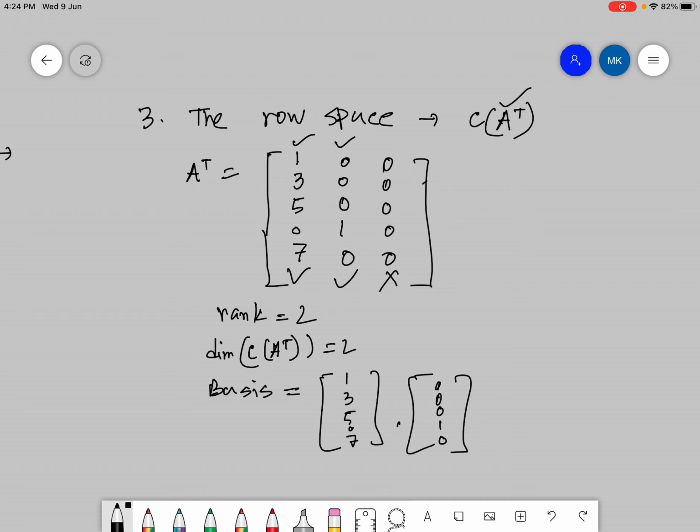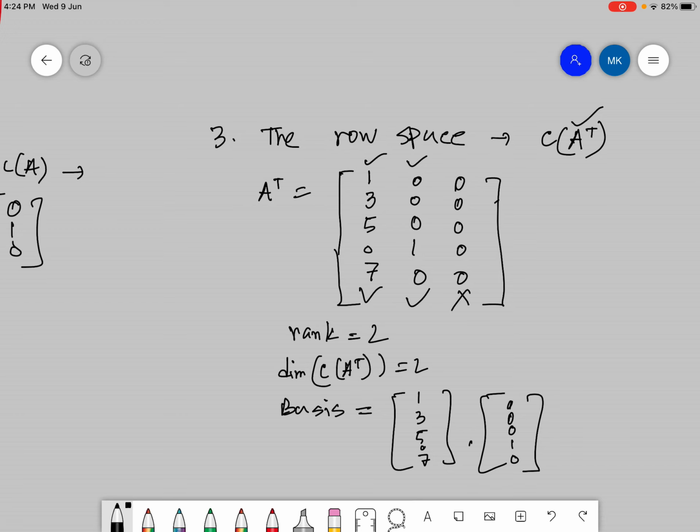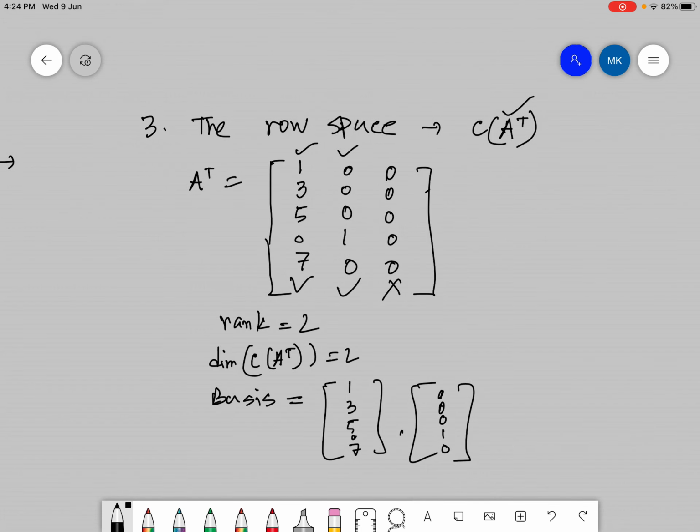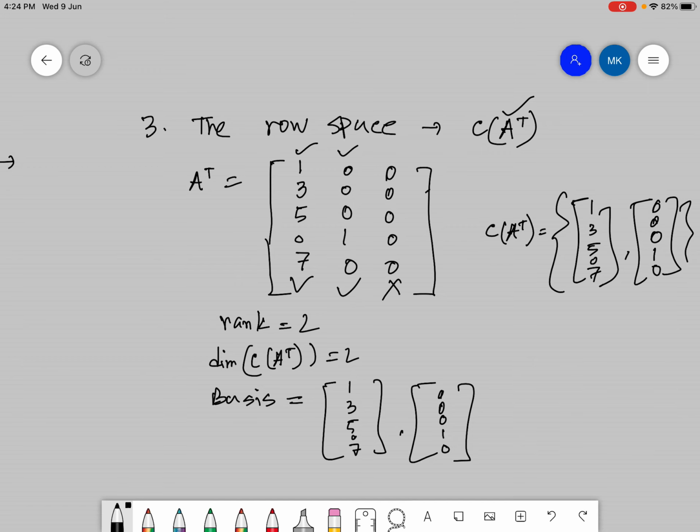So after that, if you find the span of that column space, you will get the row space, because you made the rows into columns, right? So as you can see, in this case the column space of A transpose is basically all the combinations of 1 3 5 0 7 and 0 0 0 1 0, right.